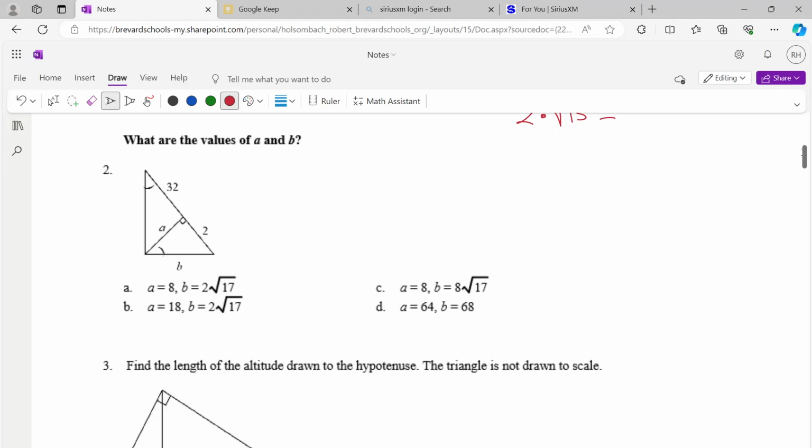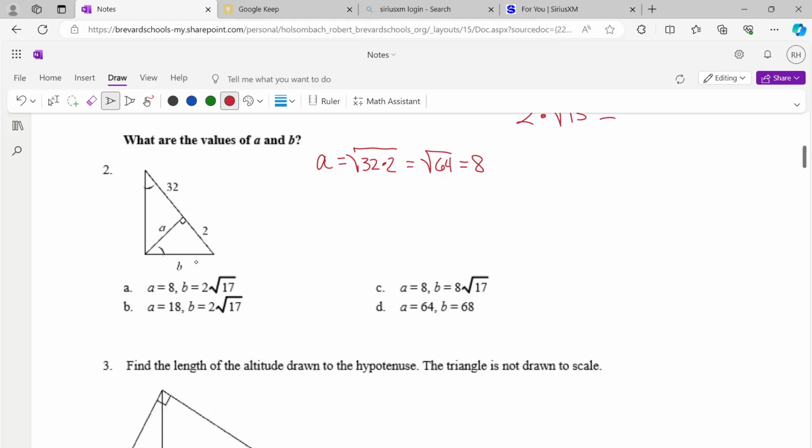In problem number 2, you have to find the values of A and B. A is our altitude drawn to the hypotenuse. So A is going to be equal to the square root of 32 times 2. So A equals the square root of 64, which is equal to 8.